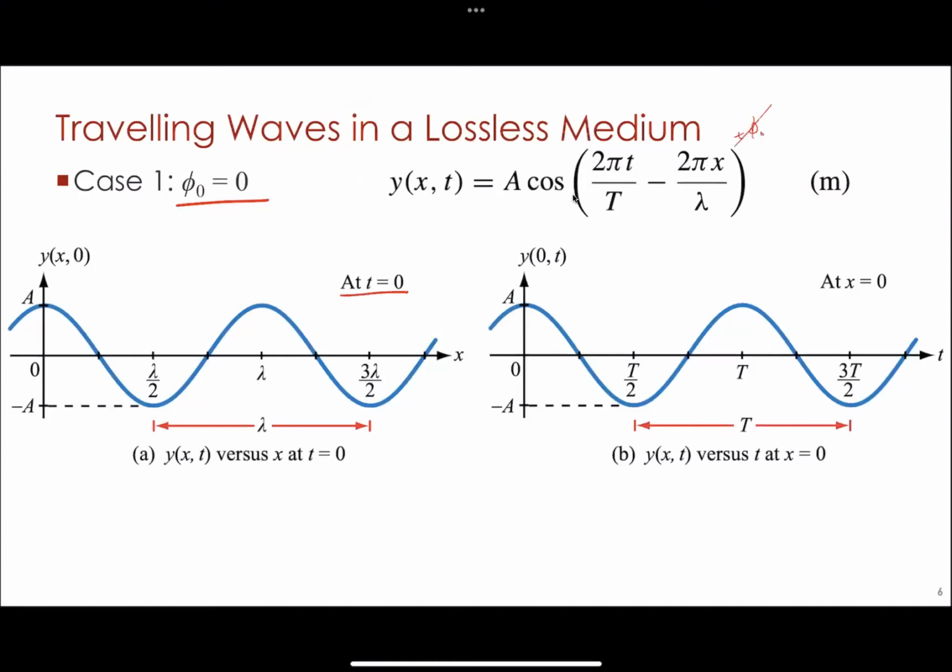So let's just plug t equals 0 into that equation up top. So we'd have y at x comma 0, right? Because t equals 0. And what would that equal? Well, A is just A cos of 2 pi t, but t equals 0. So this one's gone. So all we have is minus 2 pi x divided by lambda.